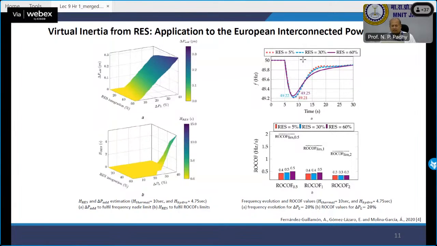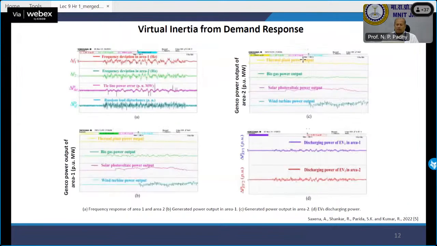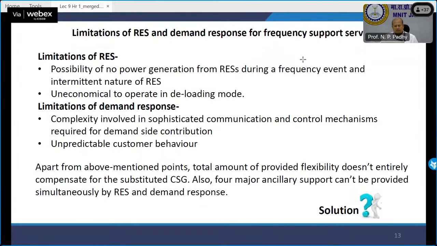On the right-hand side, with different renewable energy, the frequency, how it fares. So 5% and then 30% and 60% of renewable energy penetration, we could see how the frequency dropped at different levels, 49.22, 21, 25, and so on and so forth. We'll take one interesting example for our IIT Roorkee campus. We have done a bit of research. I'll tell you slowly after some time.